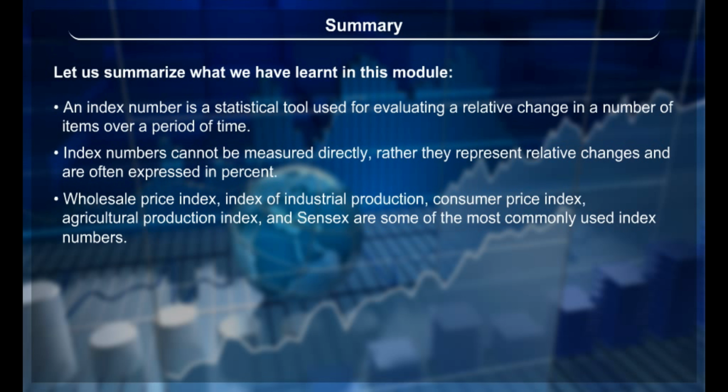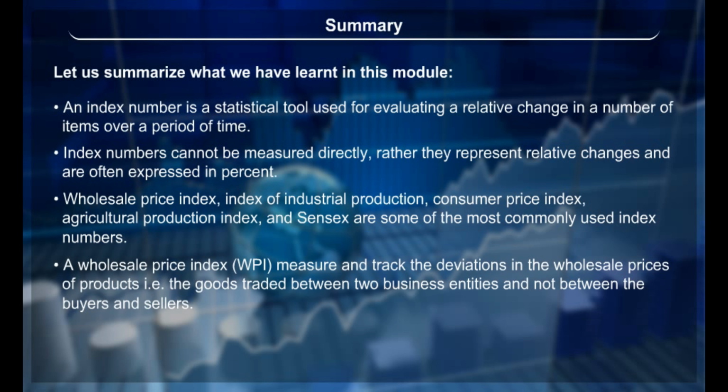A Wholesale Price Index, WPI, measures and tracks the deviations in the wholesale prices of products, that is, the goods traded between two business entities and not between the buyers and sellers.